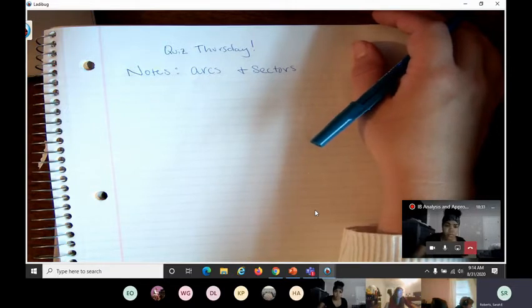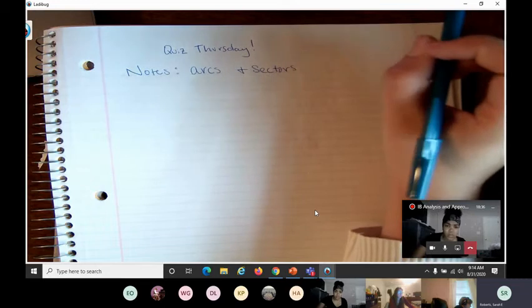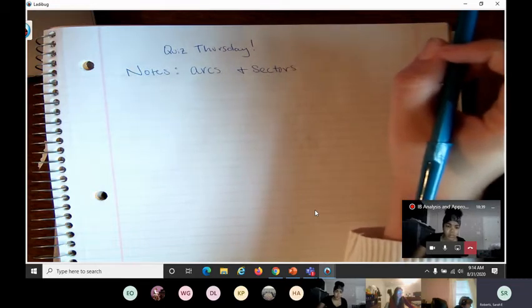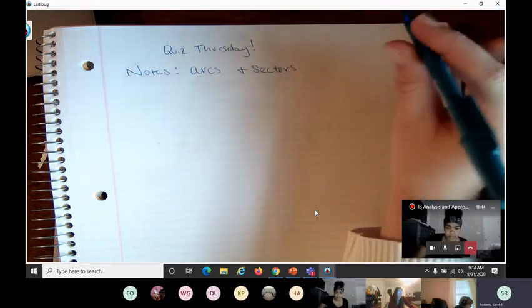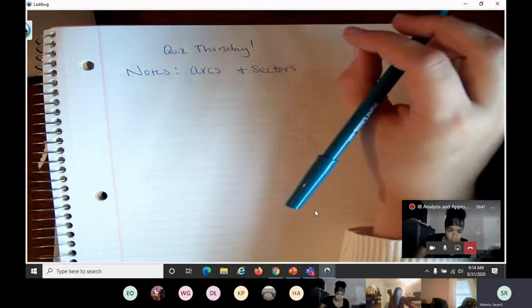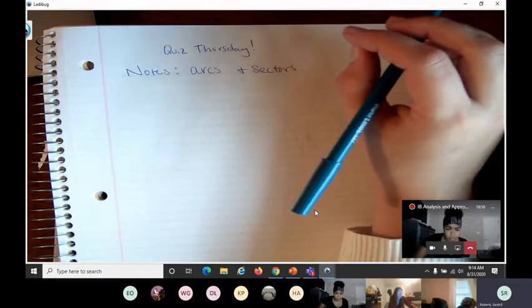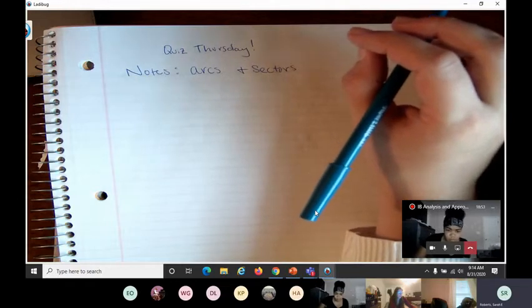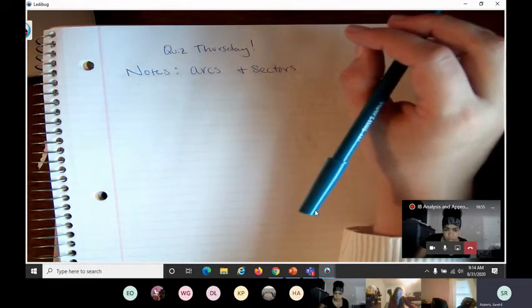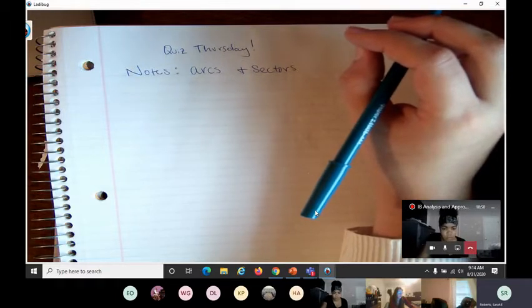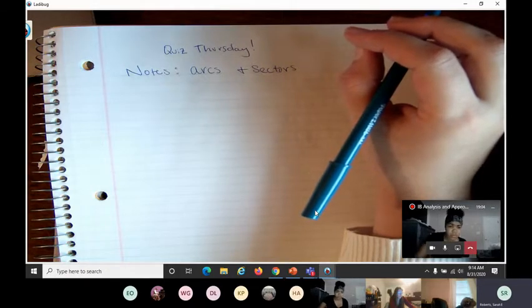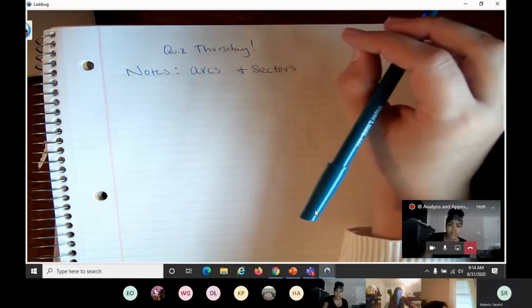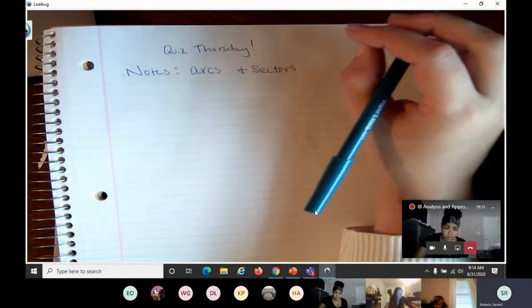In your IB classes, we like to practice using IB policies, so all of it needs to be written in pen, even though I'm not there to check whether it's pen versus pencil. There are sections where you can use a calculator, sections where you can't, and a very specific time limit for both quizzes and tests. So you will need to have a parent or guardian present when you take it, and have them sign the bottom saying that you followed all the rules. We'll go over that again on Thursday when we actually take the quiz.